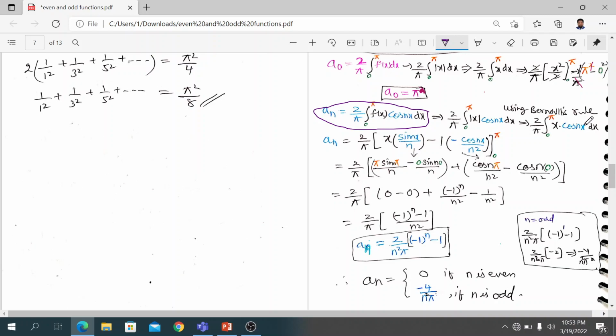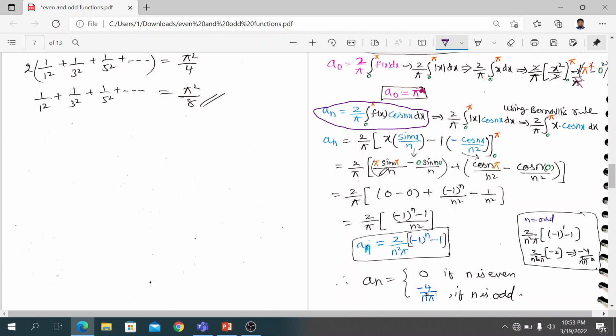Integration of cos nx is sin nx by n. Integration of sin nx is minus cos nx by n square. Now upper limit minus lower limit. Pi sin n pi by n minus 0 sin 0 by n. Minus into minus plus cos n pi by n square minus cos 0 by n square.